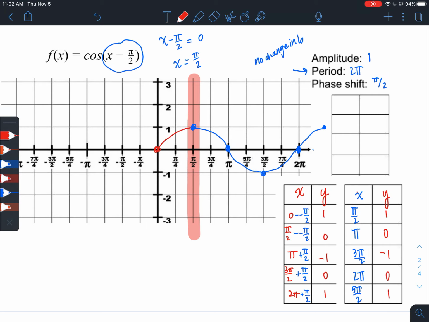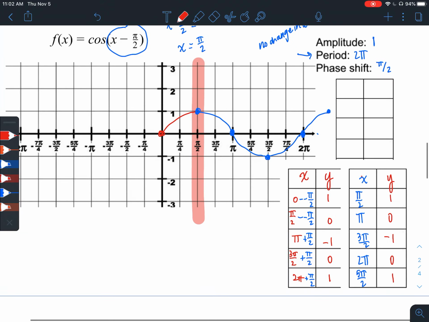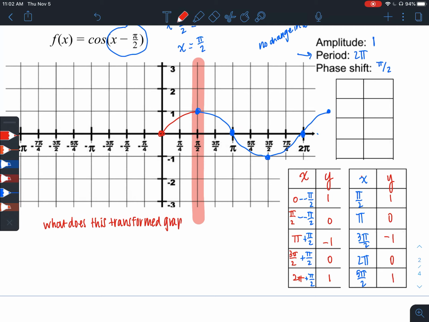So if you look at this graph, with the red, what does this new transformed graph look like? I want you to go ahead and write any observations that you have.